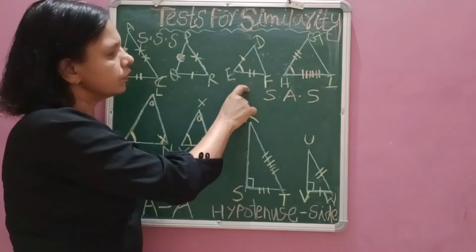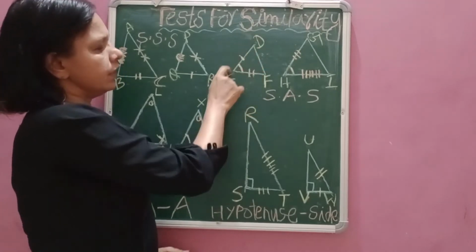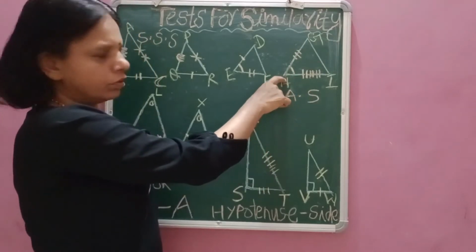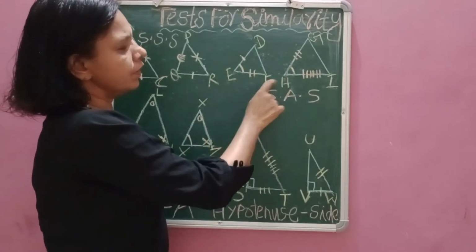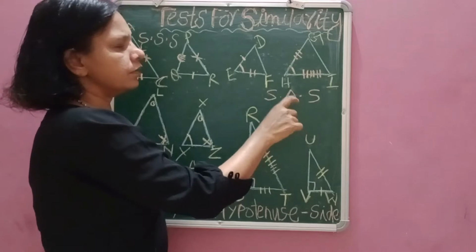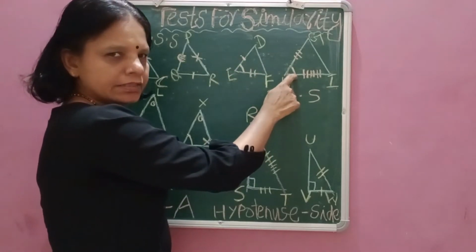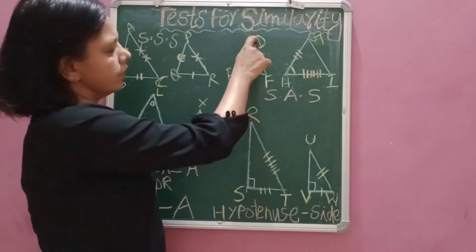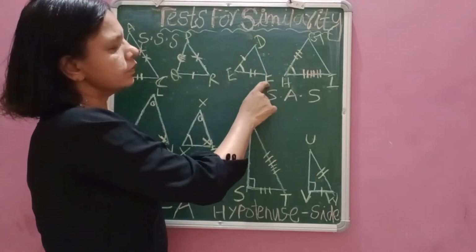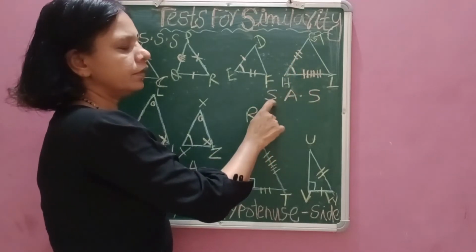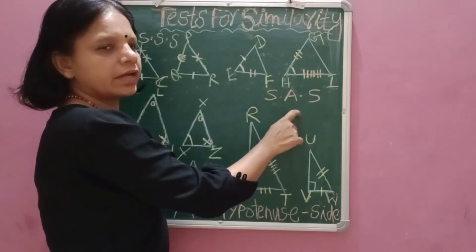So if DE upon GH equals EF upon HI and angle E is congruent to angle H, then triangle DEF is similar to triangle GHI by, what is the test? SAS.